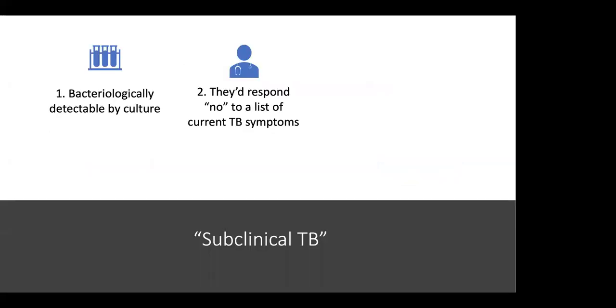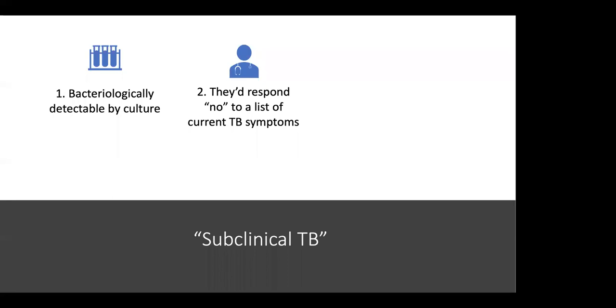In terms of actually putting definitions on subclinical TB, I think it's hard to define in a black and white way, but I think it's useful to use definitions that align with data that we can get from prevalence surveys, which are our best way of understanding the burden of subclinical TB right now.